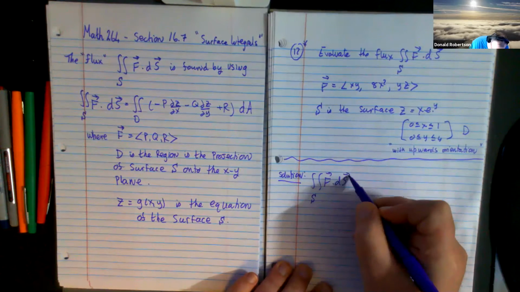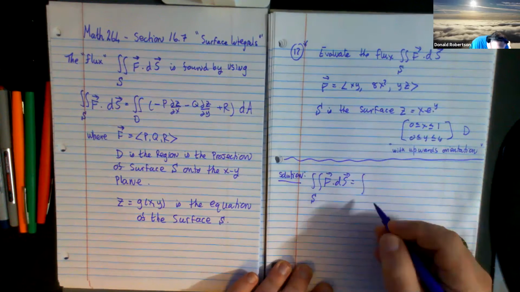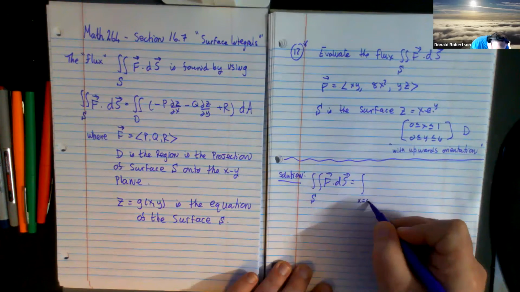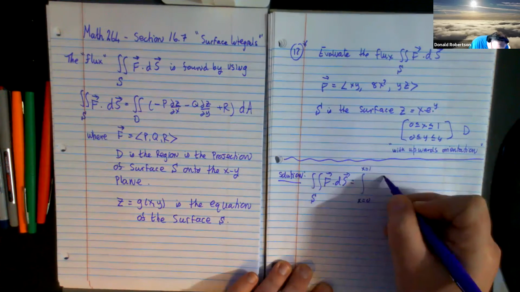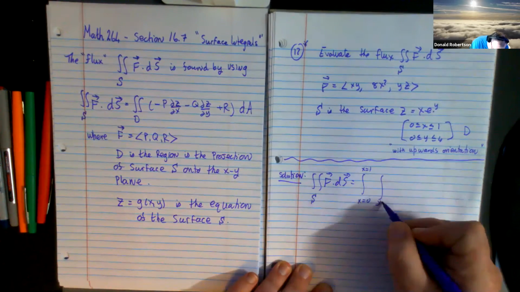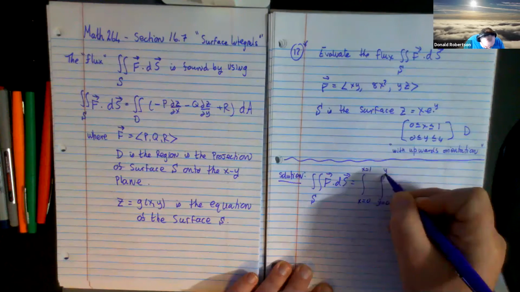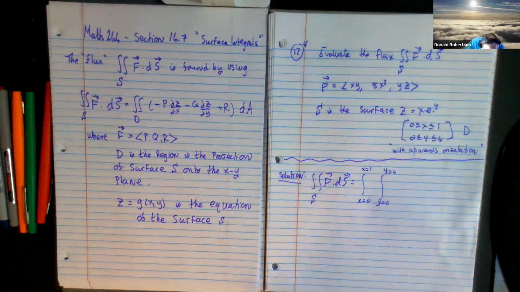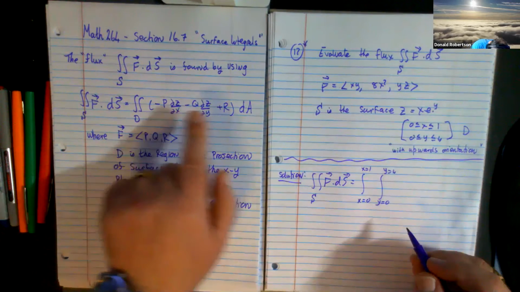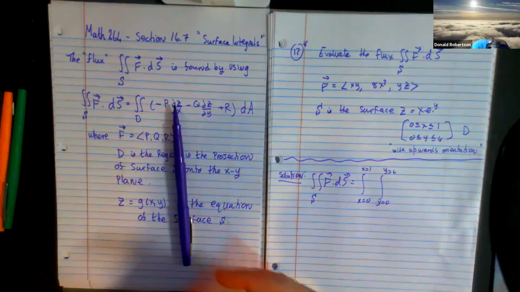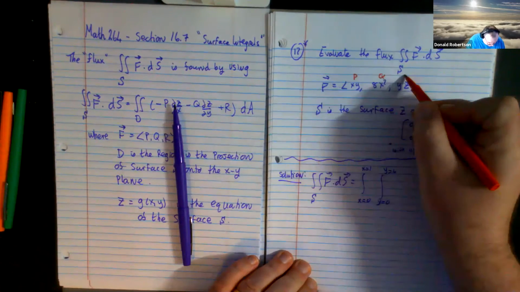So it's going to be the integral from x equals 0 to 1, and the integral from y equals 0 to 4. Negative p, okay, so this is p, this is q, and this is r.